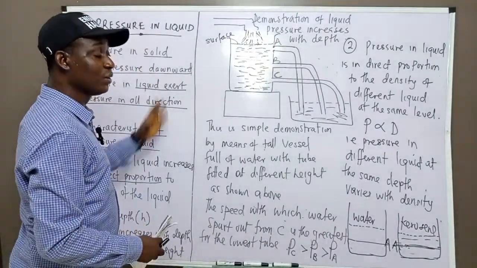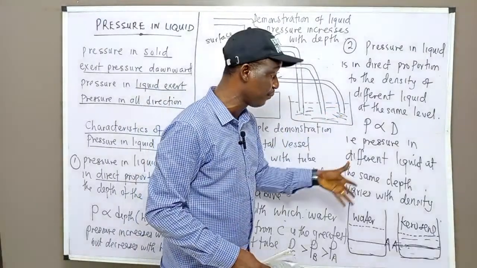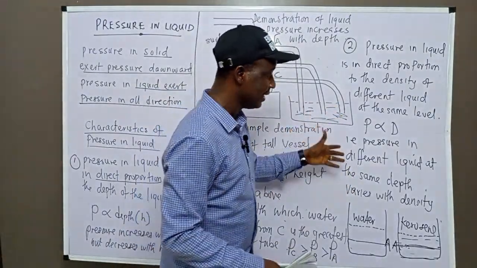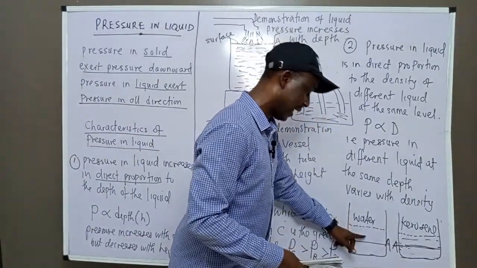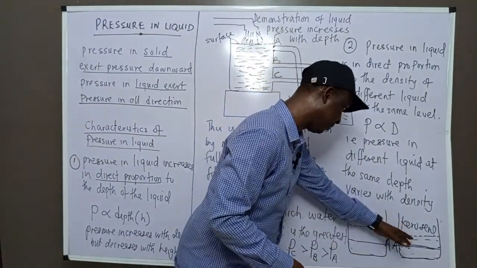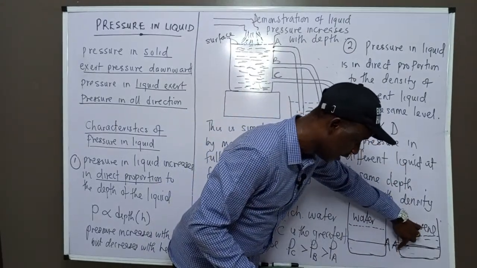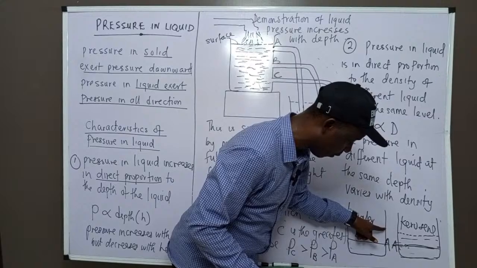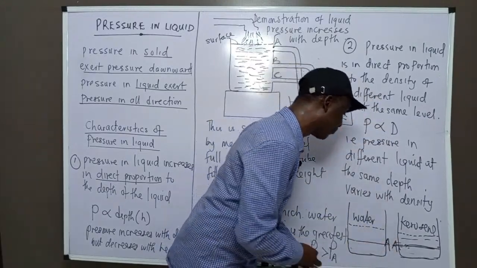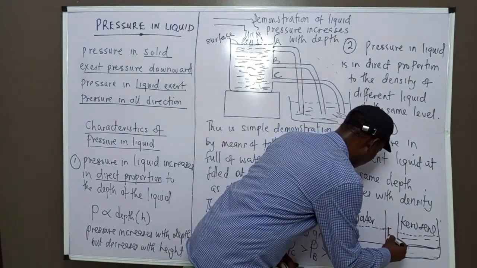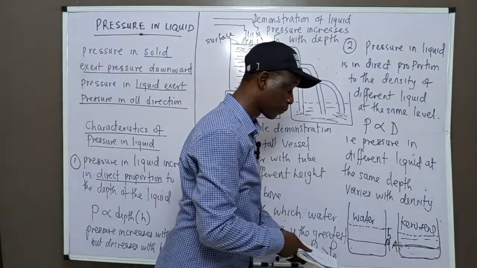So that is to conclude the second characteristic of the behavior of pressure in liquid: pressure in different liquids, like water and kerosene, at the same depth, varies directly with density. Depth is measured from the surface downward. Don't forget.